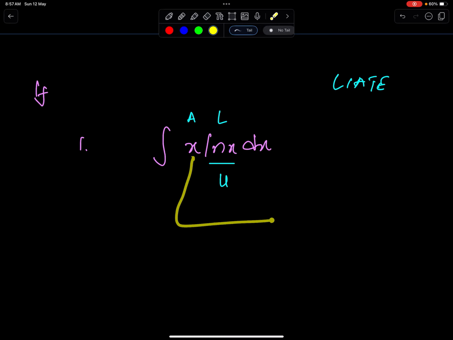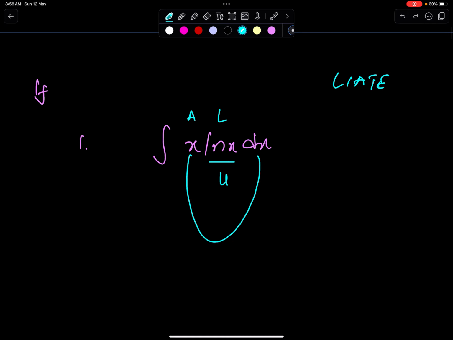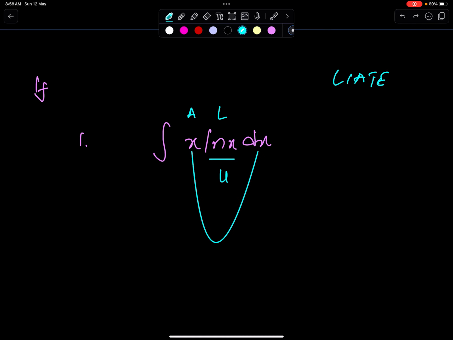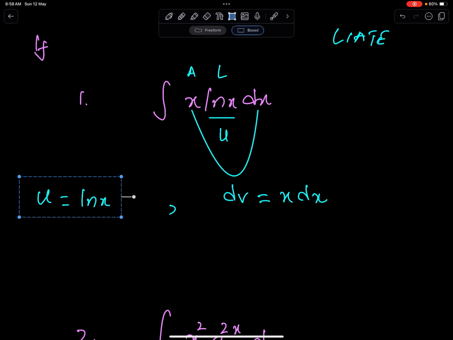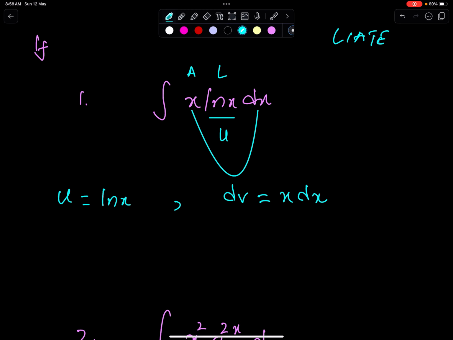So this x and this dx is dv. So dv is x dx, where u is ln x. So first select u, and then everything except u and sign of integral is always dv.